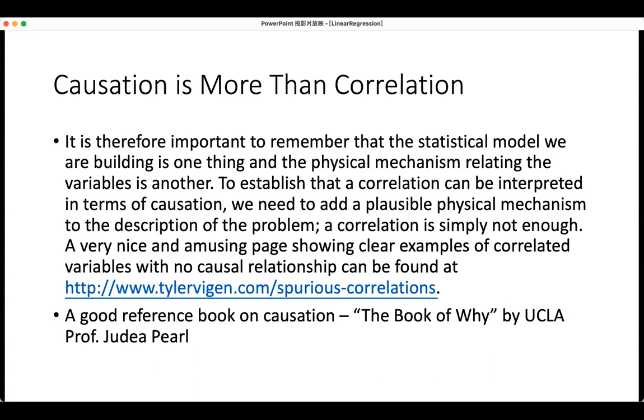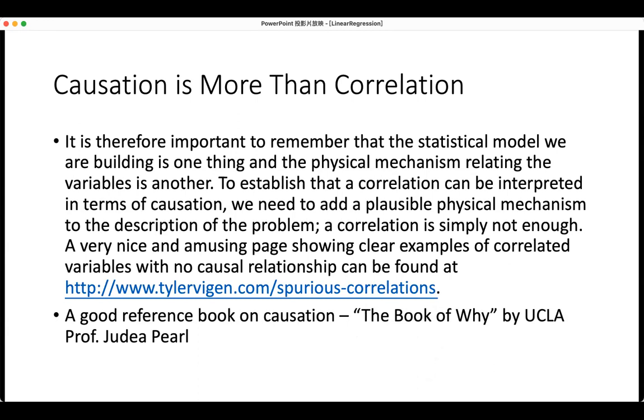But this book, The Book of Why, is written for the general population, not necessarily in computer science. He tried to explain his idea in a very simple manner.